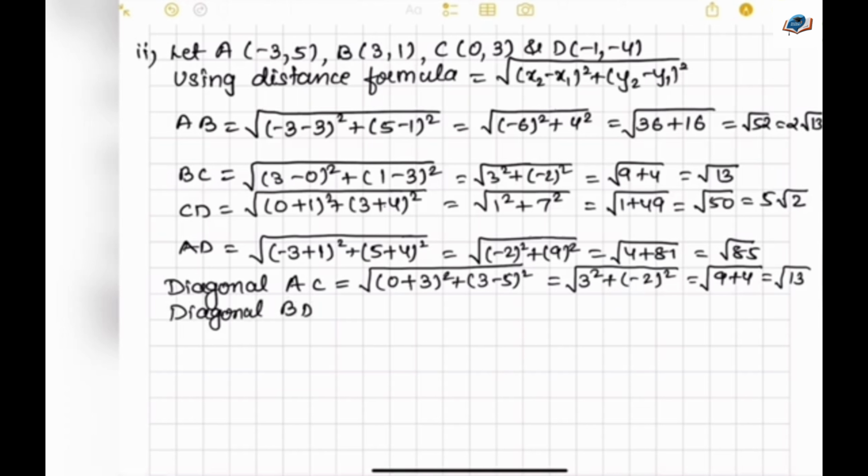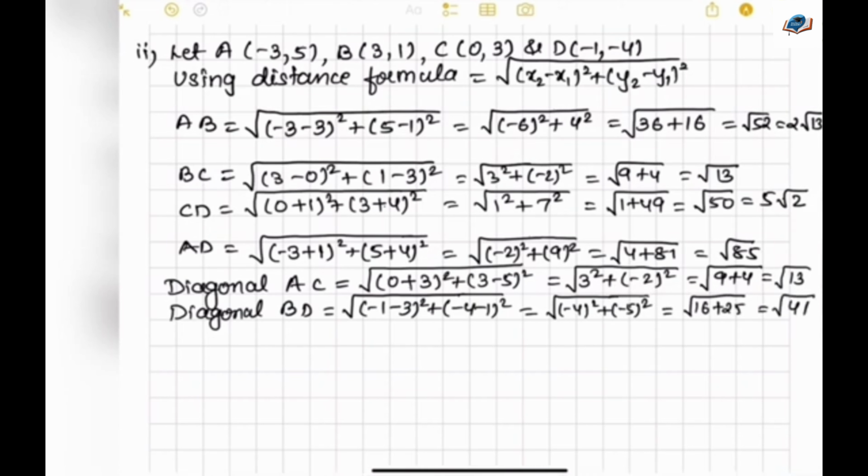Now diagonal BD is root of (-1 minus 3) whole square plus (-4 minus 1) whole square. So that is (-4) square plus (-5) whole square. So that is coming to 16 plus 25, root 41.